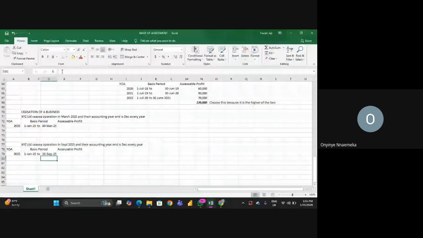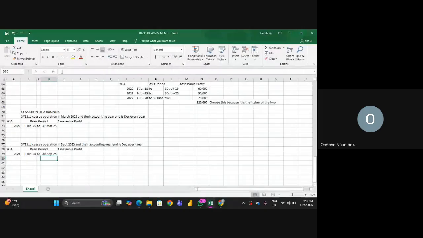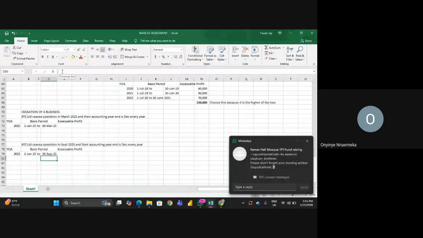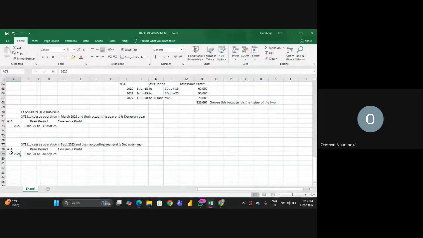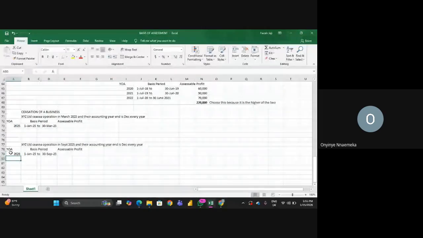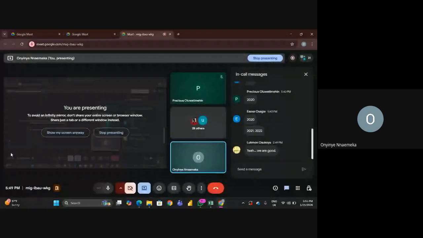So if they cease in September, would their 6 months still fall in the same year? Their deadline for filing their tax is going to fall in 2026, and that will be their year of assessment. Please, are we good? Yes, ma'am. All right, thank you.